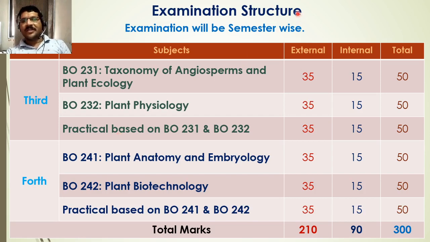Now we should know the examination structure. The third and fourth semesters are related only to the second year. The third semester is very important because we are appearing for it. The papers we know: taxonomy of angiosperms and plant ecology, and plant physiology, and practicals based on these 2 papers.